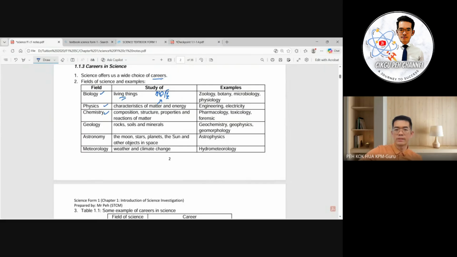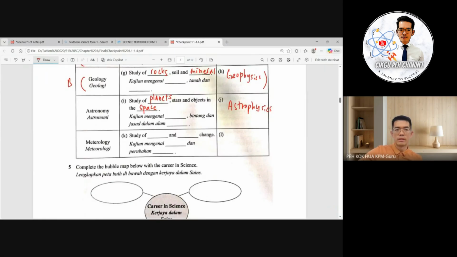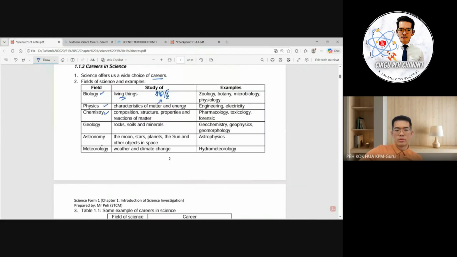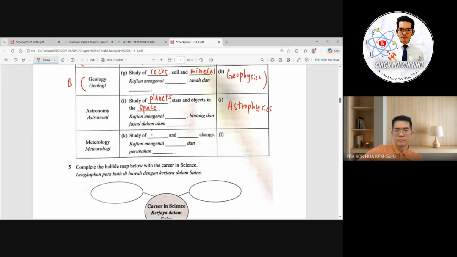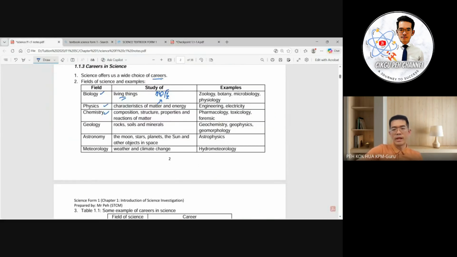Okay, then the last, meteorology. So, study of weather and climate change. So, for the answer, for example, we have hydrometeorology.